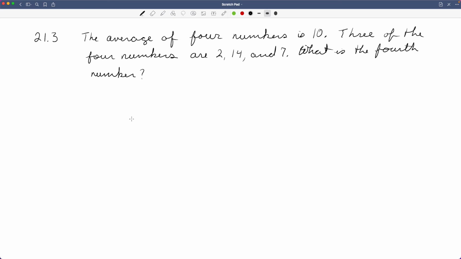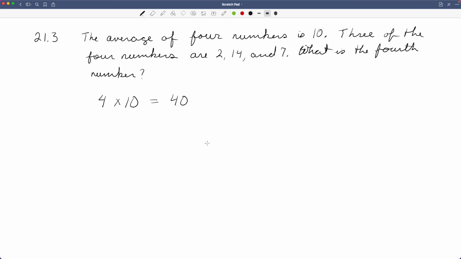All right, so we're going to do this in reverse. Before we divided a total to get the average. So now the opposite of division is multiplication. So we're starting with the average and working our way backwards. So if we had 4 numbers and the average was 10, then our total of the 4 numbers was 40. So this was our sum. So now instead of adding the numbers together, we're going to subtract.